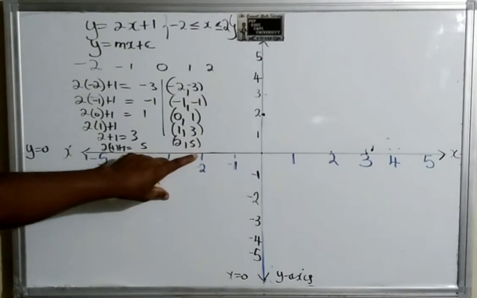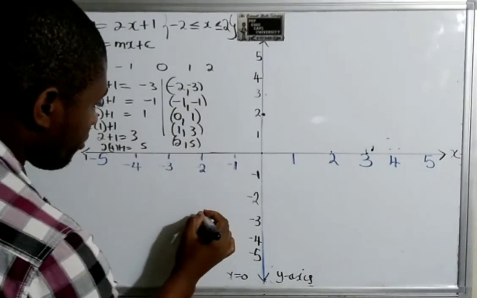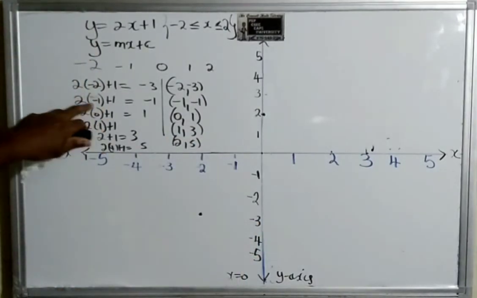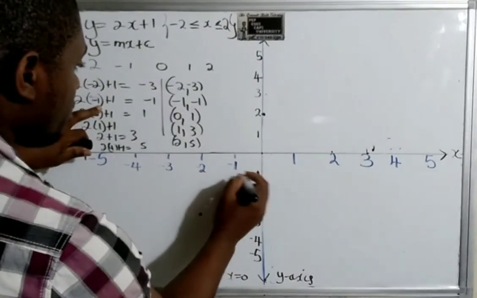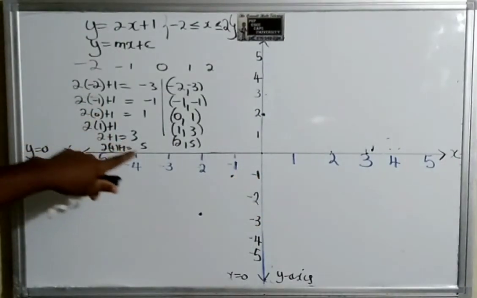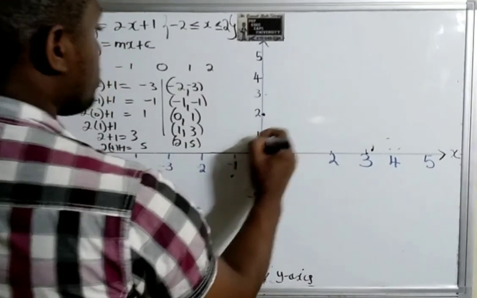So negative 2 with negative 3. We're going to rush this part because you guys already did that, alright? Negative 1 goes with negative 1, so it's right here. And 0 goes with 1, so it will be on the y-axis.